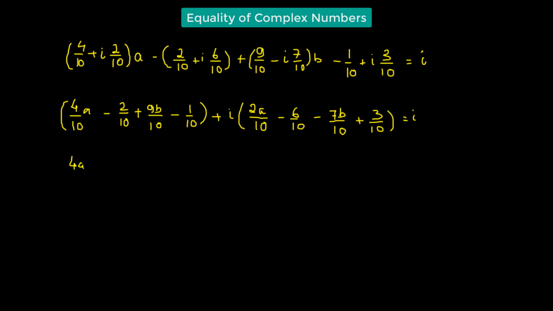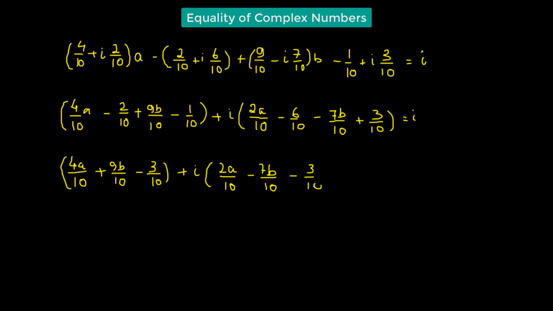So we have 4A over 10 plus 9B over 10, and negative 2 over 10 minus 1 over 10 will give us negative 3 over 10, plus i times 2A over 10 minus 7B over 10, and negative 6 over 10 plus positive 3 over 10 will give us negative 3 over 10, equal to i.